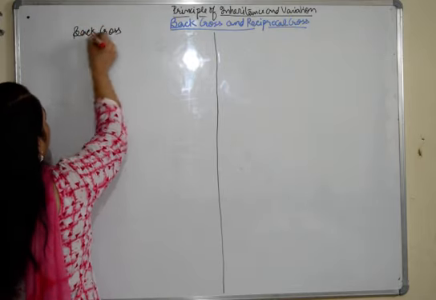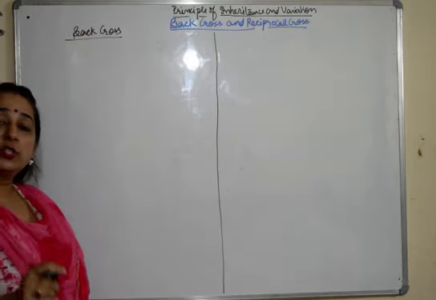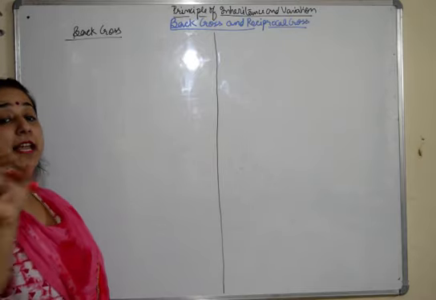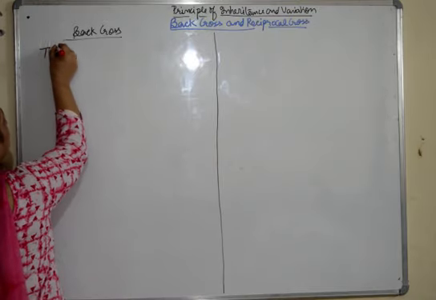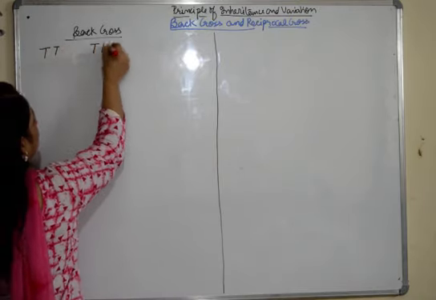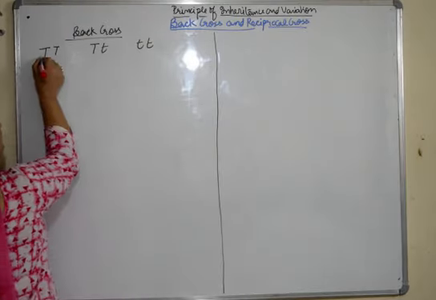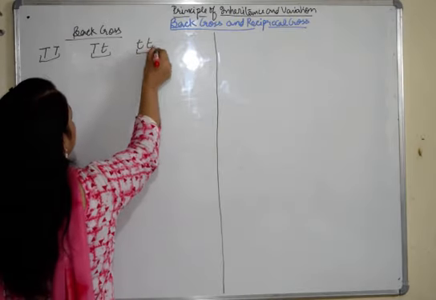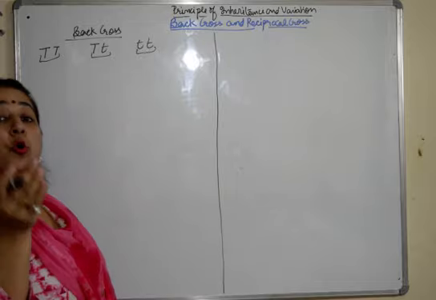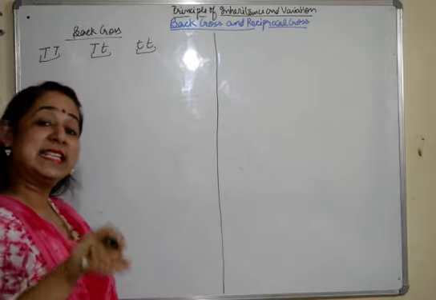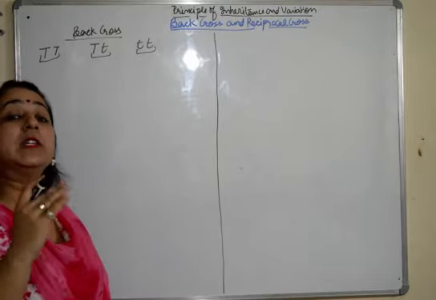As we did in our previous cross, a test cross, we have these three scenarios. If any of these cases are crossed with a homozygous recessive parent, that was a test cross.